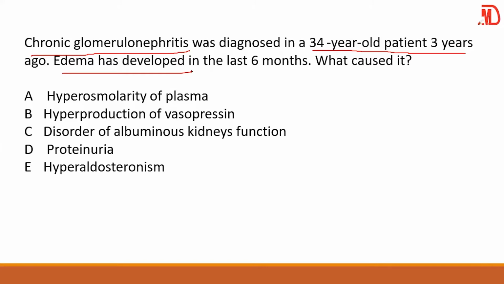However, when there is too much volume not in the vessel but outside the vessel, we call it what? Edema. Edema has developed, which means that the pressure in the vessel is low. So when you have low hydrostatic pressure, meaning the volume in the vessel is less, the pressure will be outside the vessels. That's another mechanism.